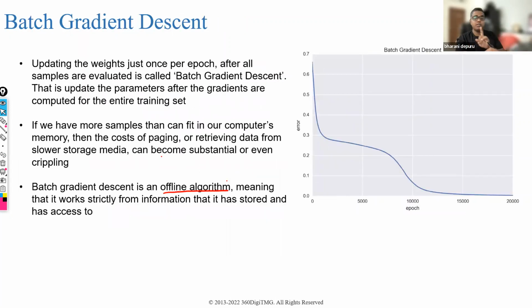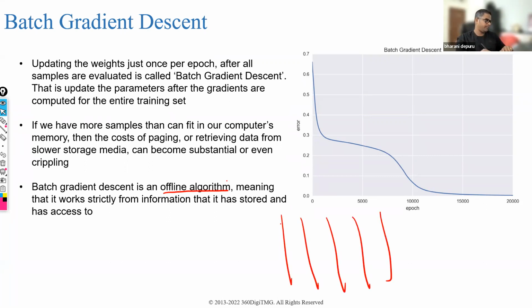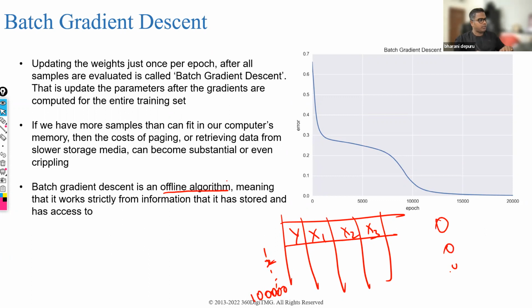In batch gradient descent, there is a disadvantage. Say you have output variable and input variables in your data set, and say you have 10,000 observations or 100,000 observations. If you pass all these through your neural network, and if you want to save all of these loss values, then you need sufficient memory.